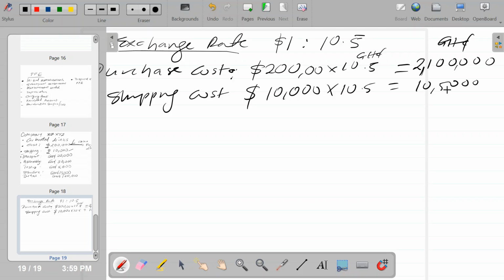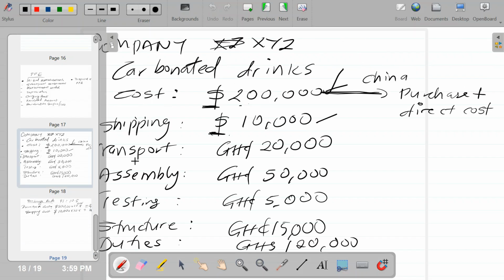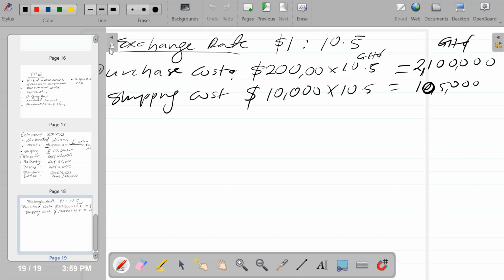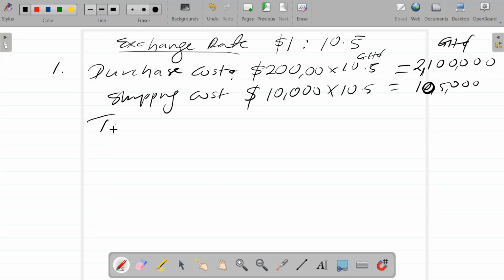Okay, then what else? We have transport. So transport is 20,000. So we put it here.